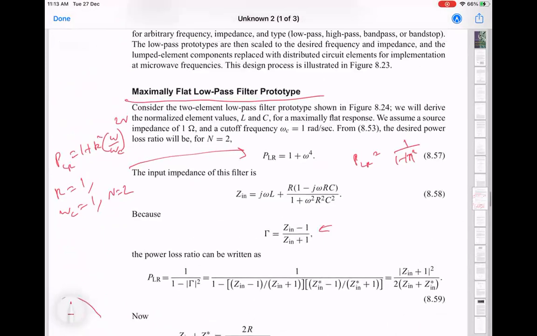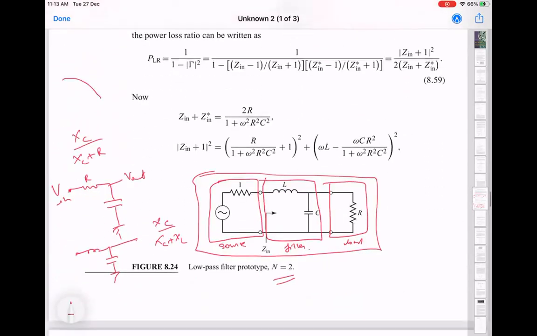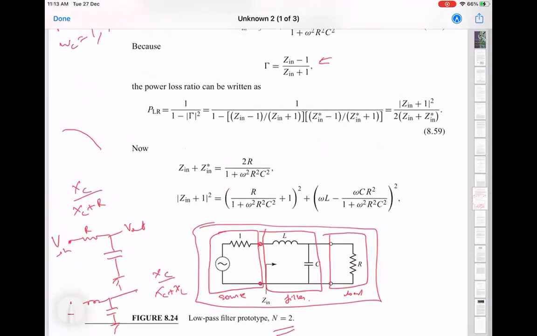And what is z in? Z in is basically the input impedance seen at this point. Right? So it has the filter and the load resistor included in this, because we are talking about with respect to the source. So everything else is now part of the input impedance, which we use for computing the reflection coefficient.